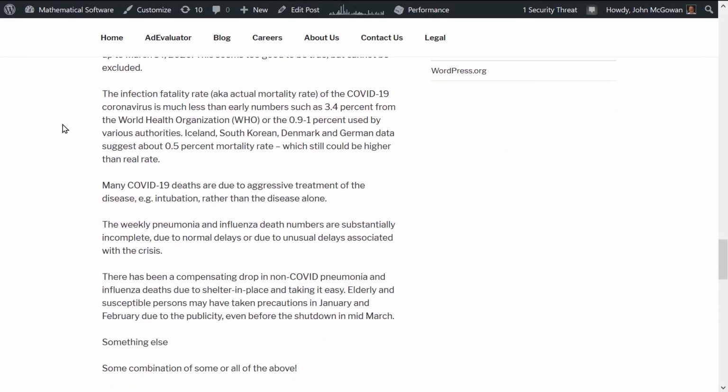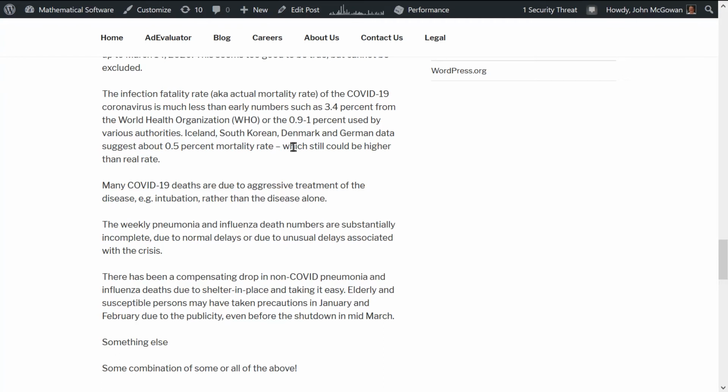The infection fatality rate, also known as the actual mortality rate of the COVID-19 coronavirus, is much less than early numbers such as 3.4% from the World Health Organization or the 0.9 or 1% used by various authorities like the Imperial College model in England and Tony Fauci, whatever his formal title is.